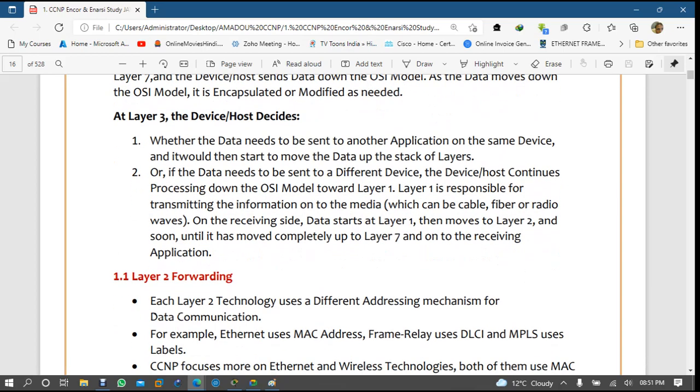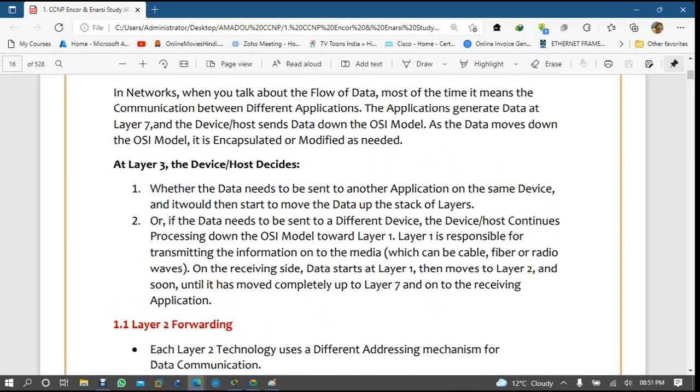Your data will follow the OSI reference model when it is moving from your computer and going to another computer. The data needs to be sent to a different device, and that device will process the OSI reference model.